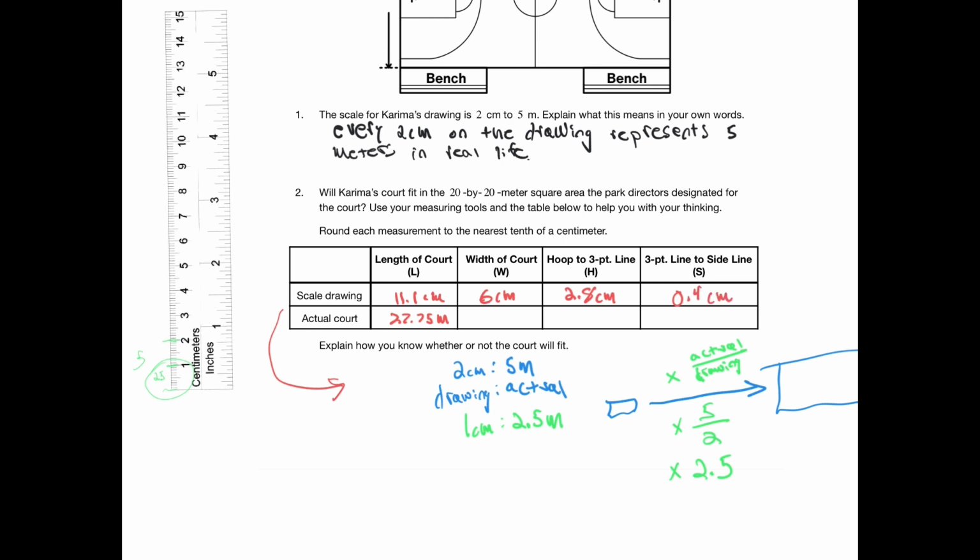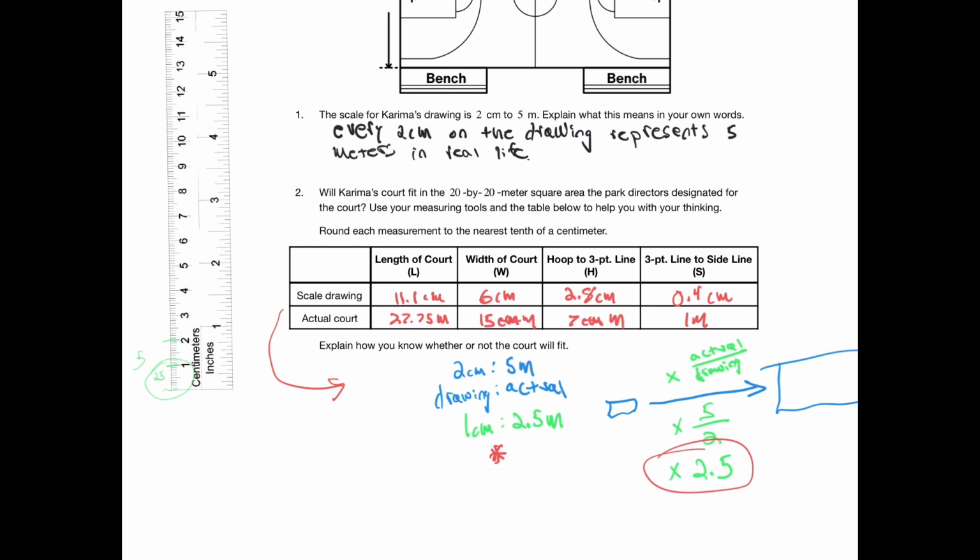And you can take all of those and multiply them by our scale factor of 2.5, or 5/2, and you should get 15 centimeters, 7 centimeters for the hoop, and 1 meter. Sorry, this should be in meters, not centimeters.